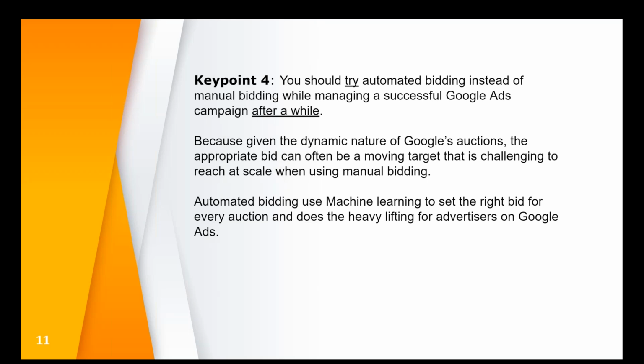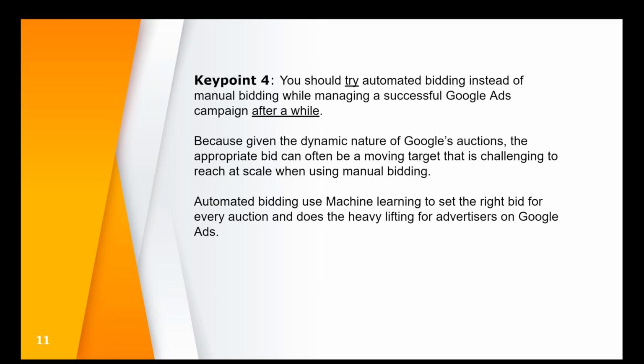So when you put it in the hands of Google, you trust them to use your budget in the best possible way for you. Automatic bidding uses machine learning to set the right bid for every auction and does the heavy lifting for advertising on Google Ads.